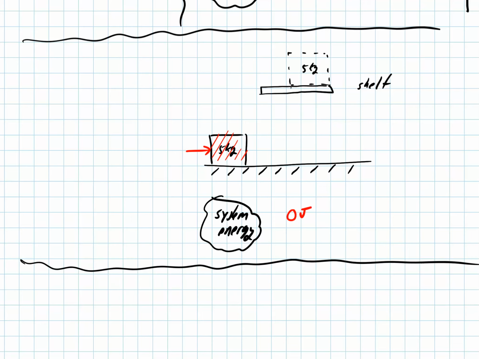Then either because you did it or you come later, you see that this thing has now elevated. Somebody pushed this box up to this shelf, against gravity pulling it down. You don't really know how yet, perhaps, but we're just going to say it now has 200 joules of gravitational potential energy.